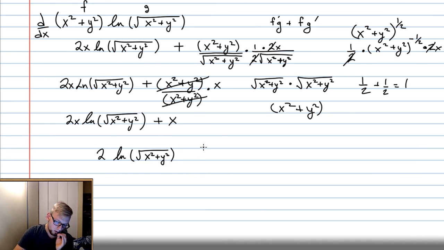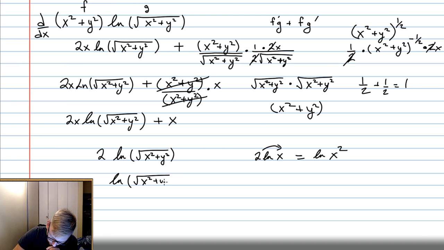We'll do it this way, even though it looks different on the slide that we'll post, it's the same thing. When you have a number in front of a log, this is equal to the natural log of the number brought up into a square. So it goes up, and in the same way, you can bring it down if you're going to go the other way. So this is the natural log of the square root of x squared plus y squared, squared.